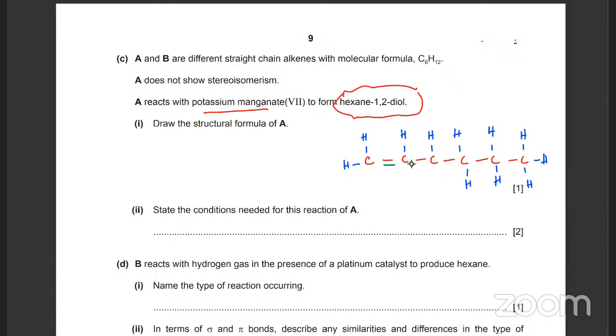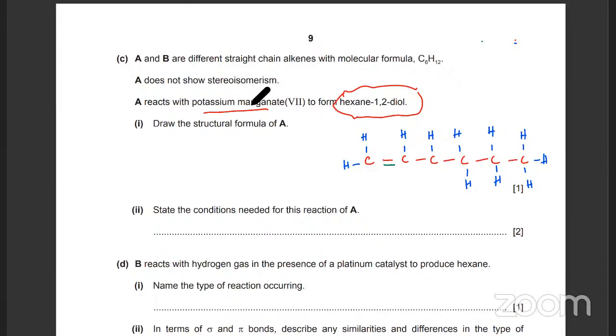State the conditions needed for this reaction of A. So what are the conditions when you want to form a diol? Acidified KMnO4 and heat?